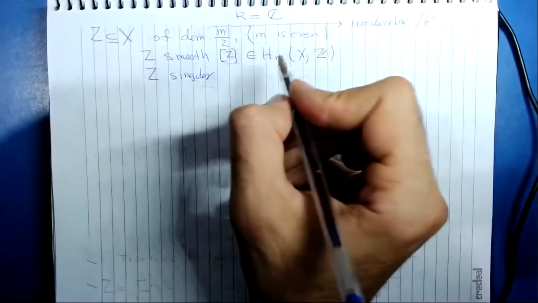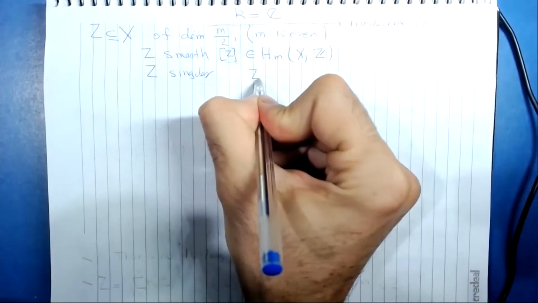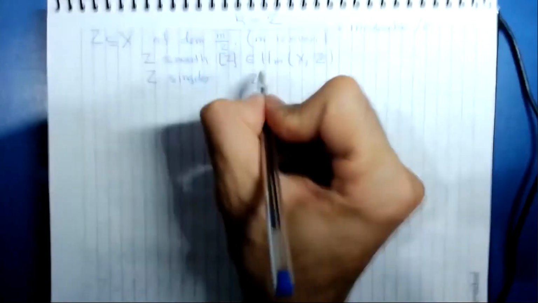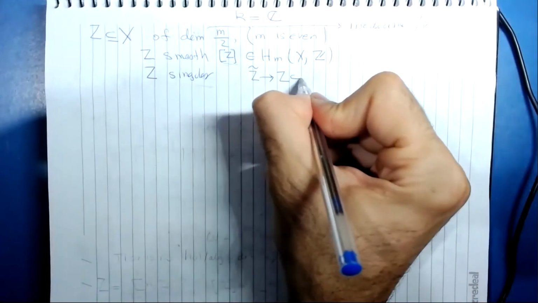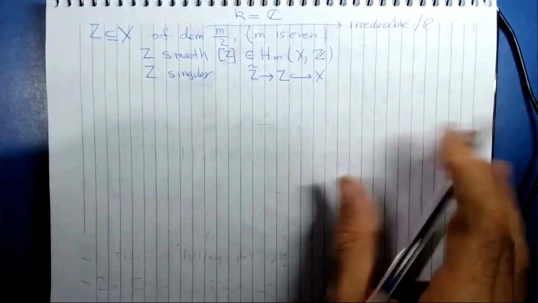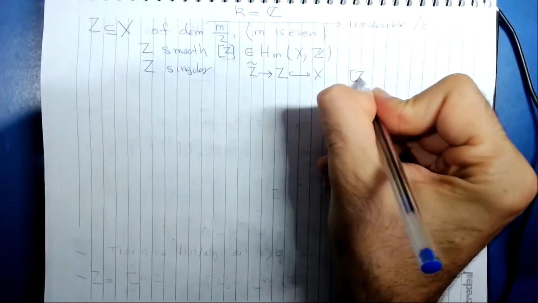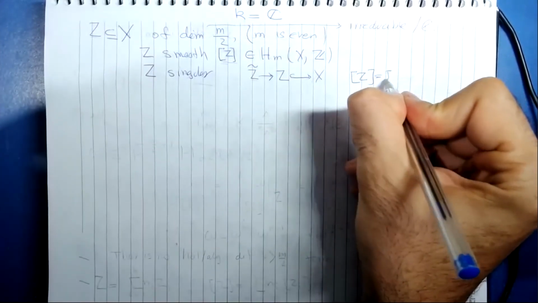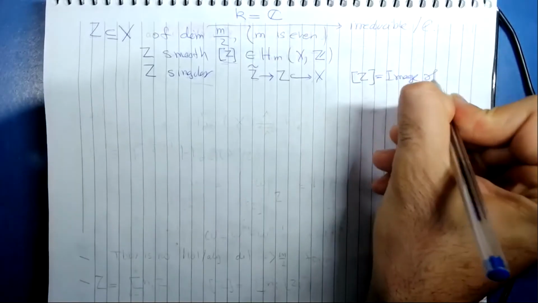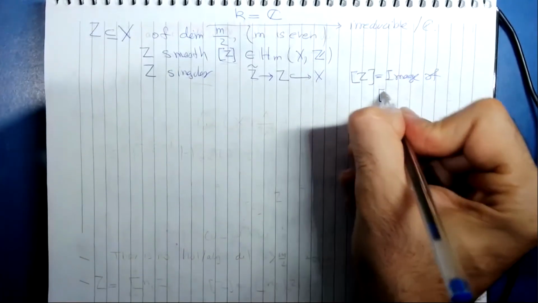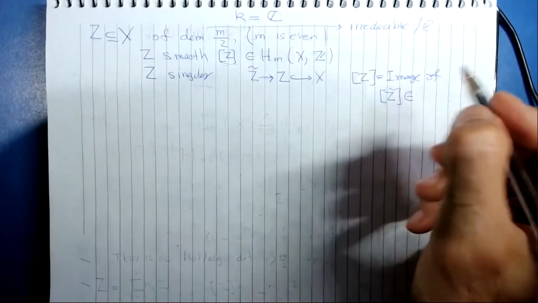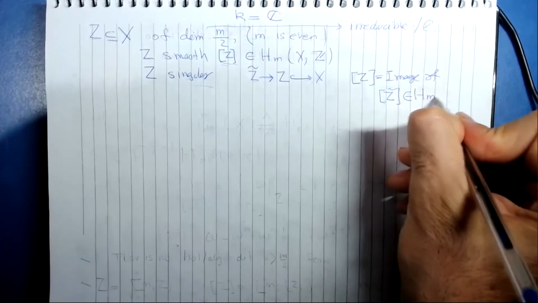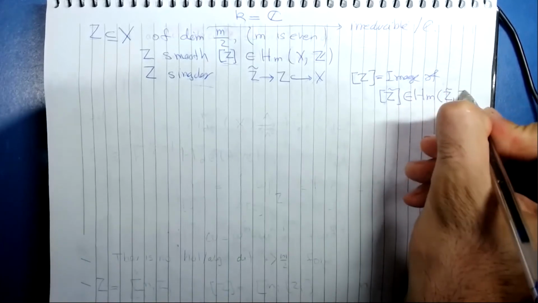If Z is singular, then we will have a desingularization of Z, Z tilde, and then this maps to X. And we will define the image of the homology class. So Z tilde itself has a homology class in H_m(Z tilde, Z).